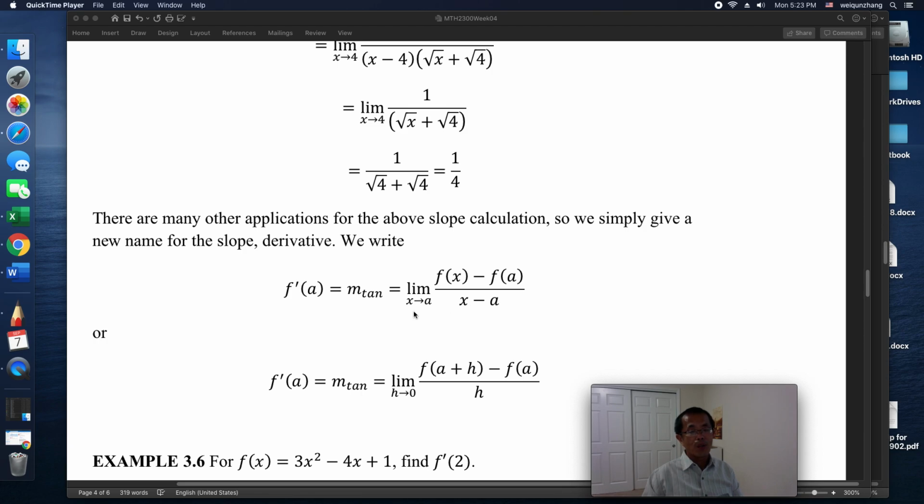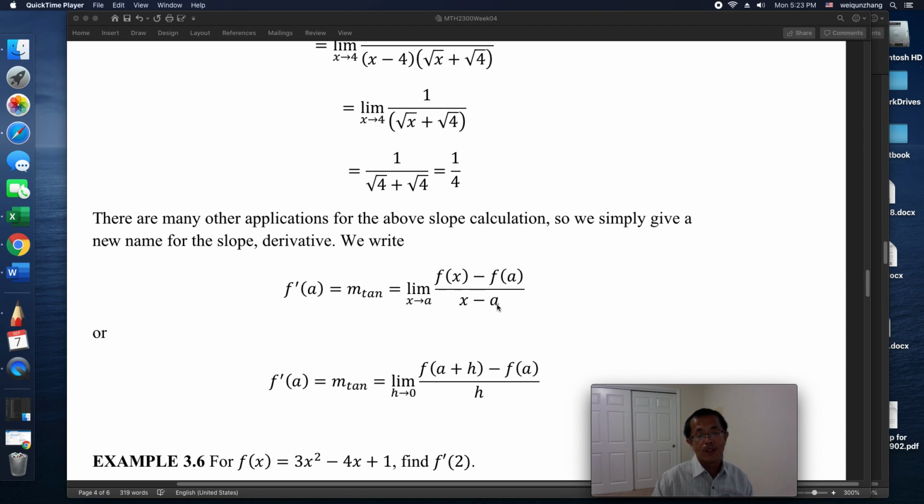Certainly one way to explain the derivative is as the slope of the tangent. And also, I want you to know this difference quotient is really the rate of change, right? Slope is the rate of change. Because of the limit, we can consider this as the limit of the rate of change at that particular point a.